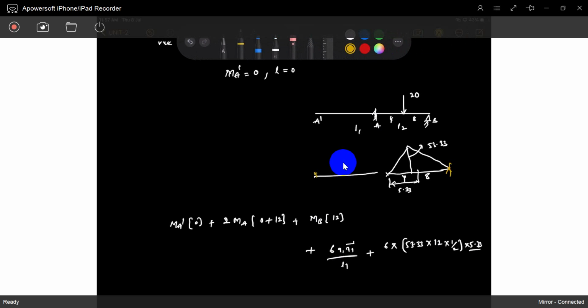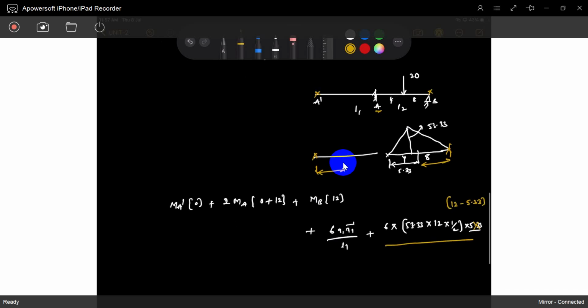For the first span, we take the centroidal distance from this point. For the second span, we have to write the centroidal distance from the edge point, A dash and B, not A. So now it is not 5.33. That's why I took up this problem. It is 12 minus 5.33. Understood? Divided by L2, which is 12.